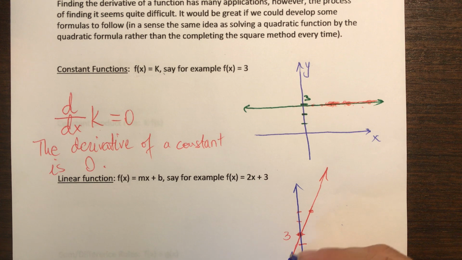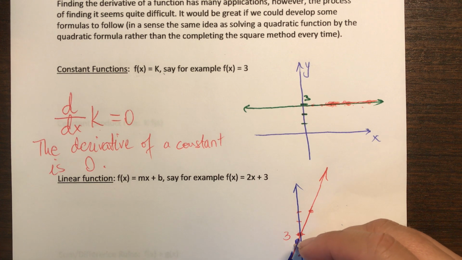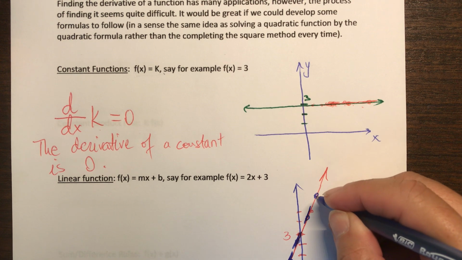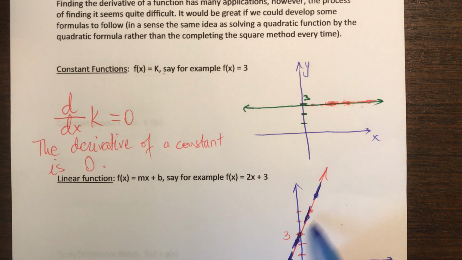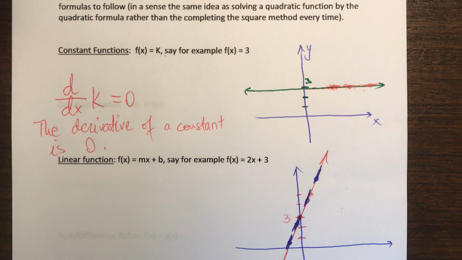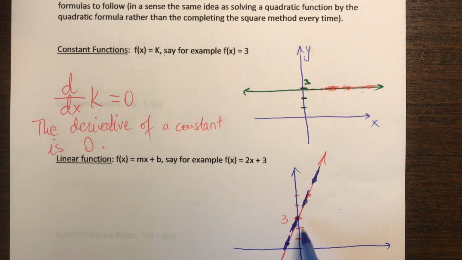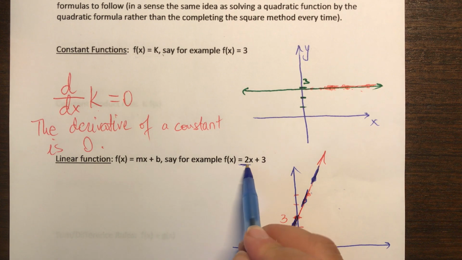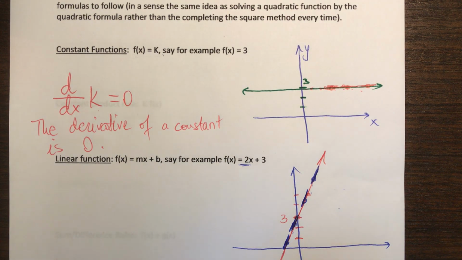Well, there's a point. Here's the tangent line to it. Here's the point. Here's the tangent line to it. Yes. So any tangent line, again, to a line is the line itself, okay? So what's the slope? Remember, the derivative is the slope of the tangent line. So what are the slopes of these tangent lines? Well, it's the same as the slope of the line itself, right, which is 2.